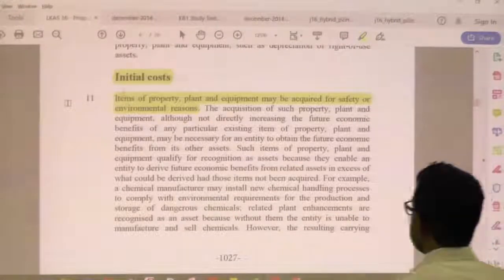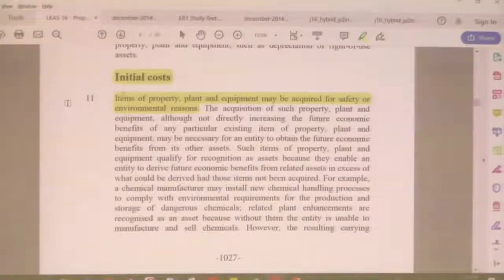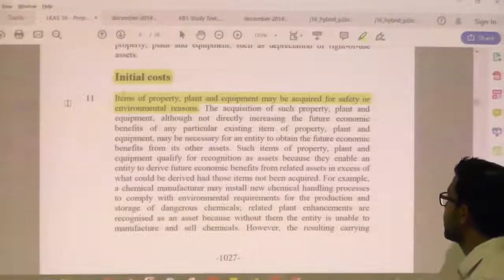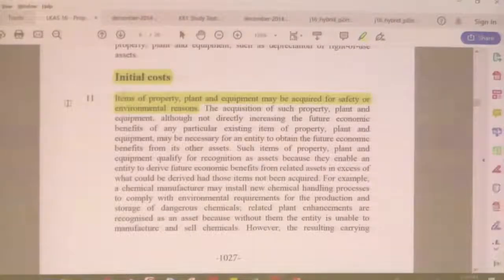But here, even though they are not meeting the asset recognition criteria, which is a direct increase in future economic benefits, the particular existing item of property, plant and equipment may be necessary for an entity to obtain future economic benefit from its other assets.